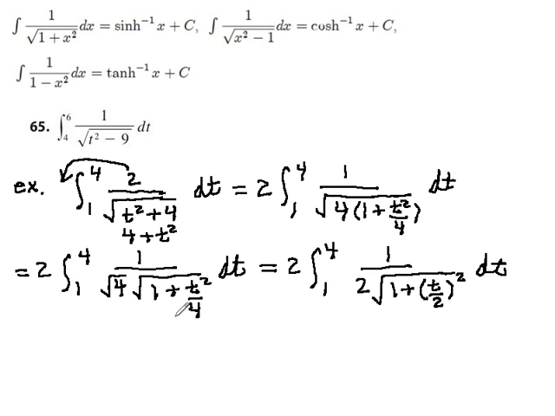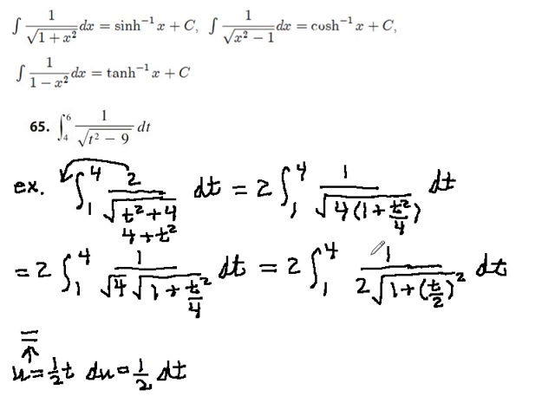So now I got to do u substitution because I'd like to have a u in here. It'll be 1 plus u squared, and then it looks just like our pattern. So let's let u equal t over 2, or 1/2 t. And so your du is just going to be 1/2 dt.